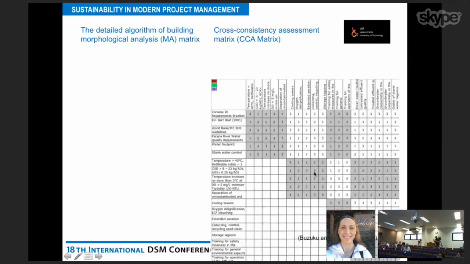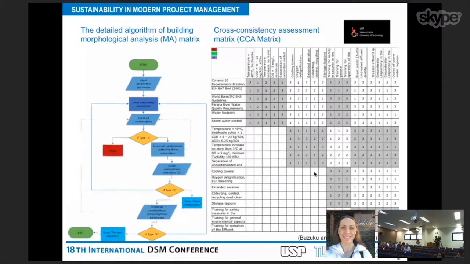In this case, to see how morphological analysis works, we have been assessing via this matrix, which is called cross consistency assessment, under each parameter, in order to see how the morphological matrix works and what the morphological field is.